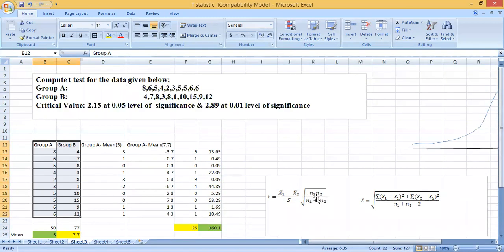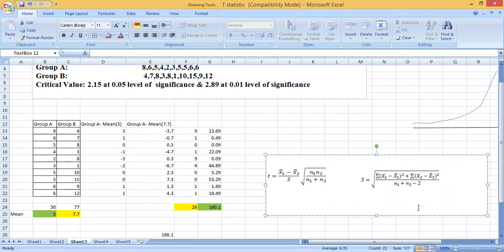N1 is the number of observations for group A, and N2 is the number of observations for group B. We have these values, but we do not have the value of S. So we have to calculate S using this formula: S equals the square root of the summation of (x1 minus x1 bar) whole square plus the summation of (x2 minus x2 bar) whole square, divided by n1 plus n2 minus 2.